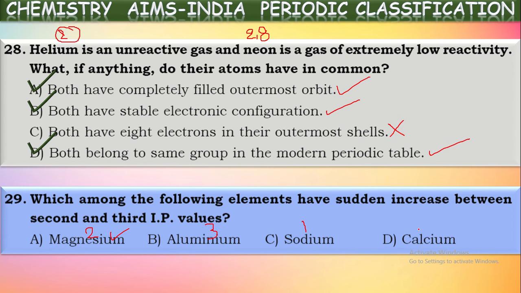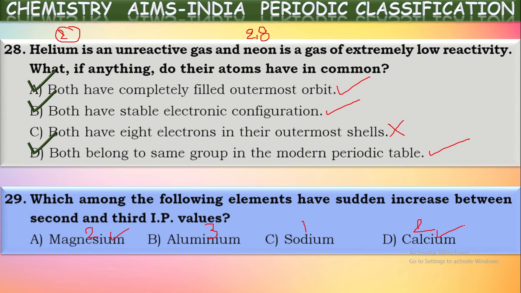Next, if we see calcium, calcium also has 2 electrons in its valence shell. By the loss of these 2 electrons, there will be a high increase between the second and third IP values. So now I can say second group elements will have a sudden increase between the second and third IP values because they have 2 electrons in their outermost shell.